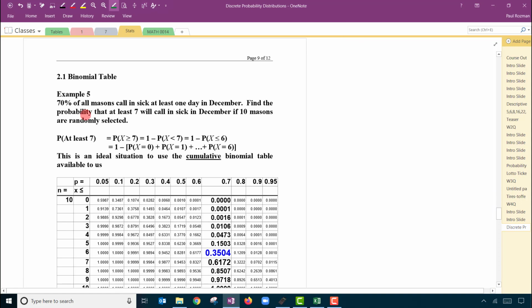Here's the example. We know that 70% of all Masons are going to call in sick at least one day in December. Find the probability that at least 7 will call in sick sometime in December, if we're talking about a group of 10. Is it binomial? Sure. There's a fixed number, 10.